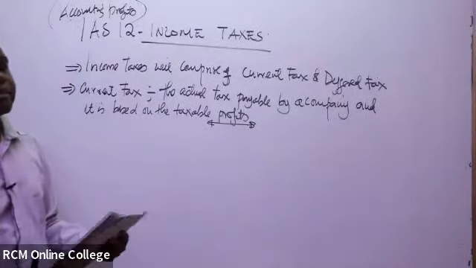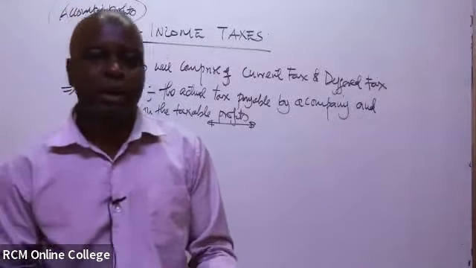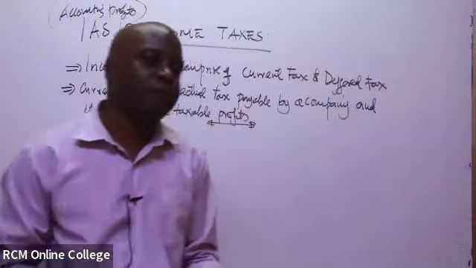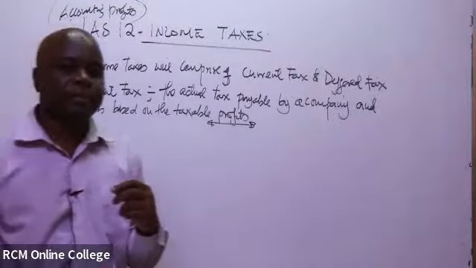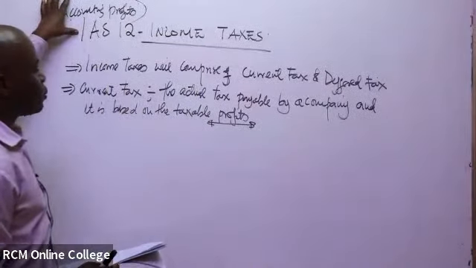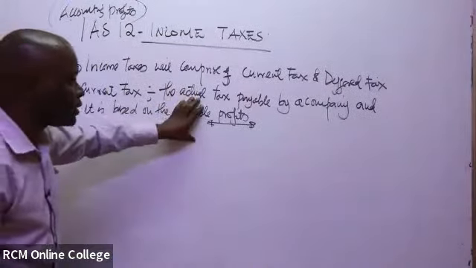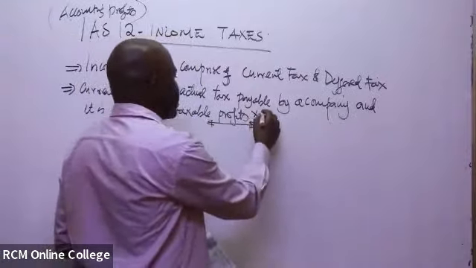Some of the disallowable expenses you'll add back is, for example, depreciation. Why do you add back? It is because it is a requirement by the taxman, by Kenya Revenue Authority, that certain expenses must be disallowed from the accounting profits, so that you can determine the taxable profits to tax using which rate? 30%, using 30%.